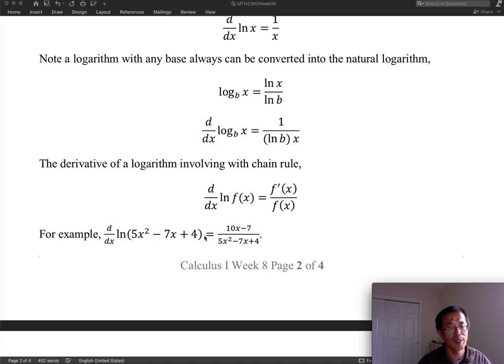Please follow the formula carefully. The formula says f is right here, the function inside the logarithm, so I just copy the function as it is. And then the top is the derivative of the denominator, 10x minus 7. I suppose this should be easy enough, right?